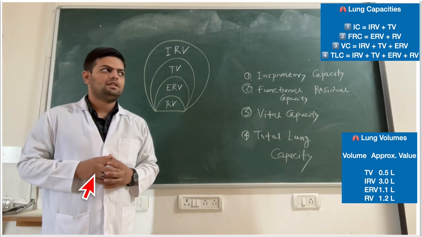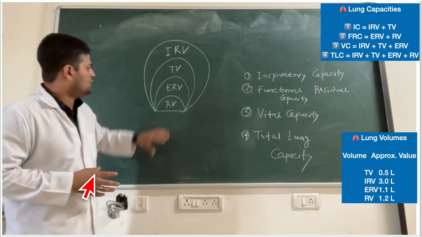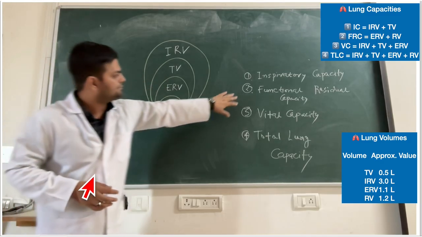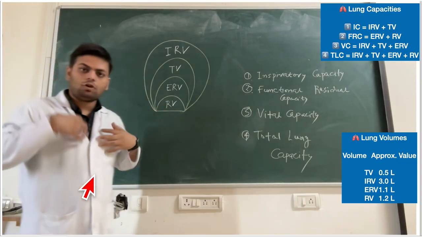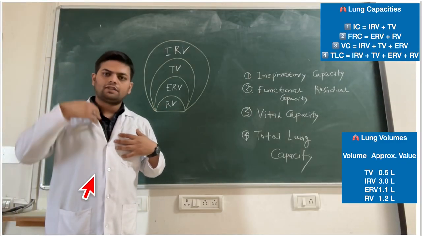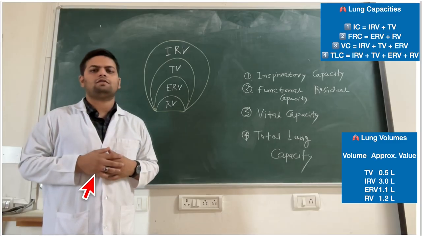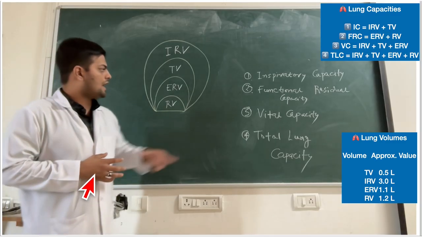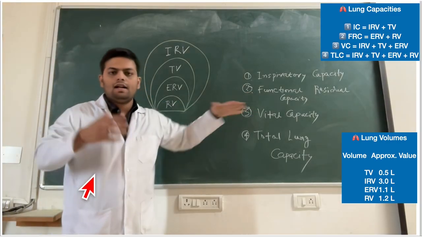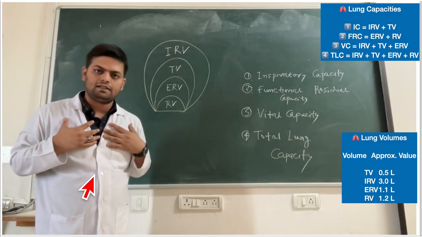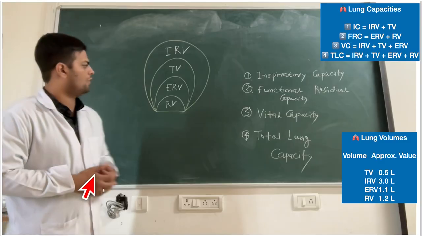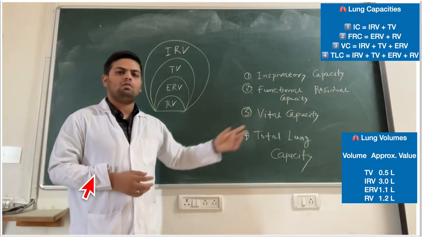Here it is worth mentioning that the functional residual capacity is not to be confused with residual volume. Residual volume is the volume of air remaining in the lungs after the most forceful expiration. On the other hand, functional residual capacity is the amount of air remaining in the lungs after the normal tidal expiration.